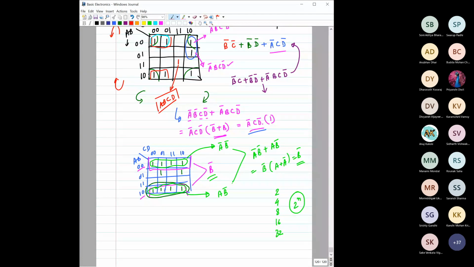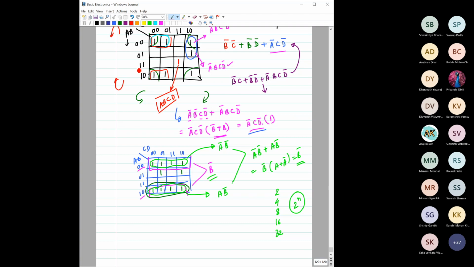Sir, if we take the 0001 and 1001 together, then we will get 00. Which 00 are you saying? AB 00 and CD 01, where I am pointing. There are two Karnaugh maps, so which one are you referring to, sir? The top one. Okay.